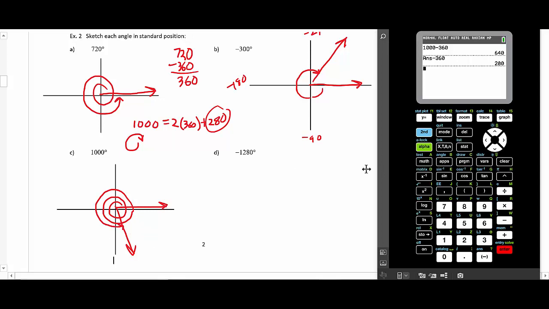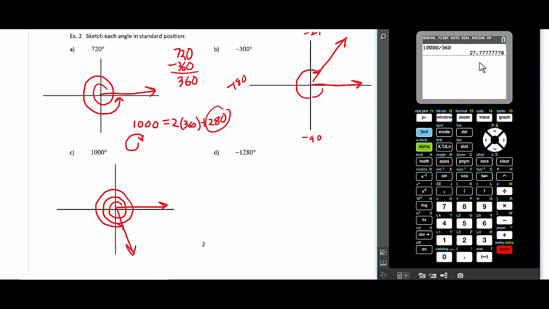I like to show you 2 ways to do this, because what if you had a 10,000 degree angle? Now, I would never ask you to plot a 10,000 degree angle. I just want you to know what it means. So instead of subtracting 360 over and over and over again, what's a good idea? Divide by 360, exactly. If you do this, you get 27.77.